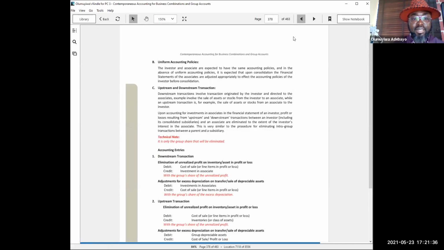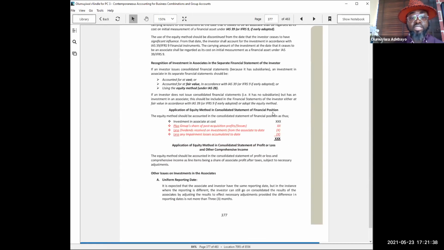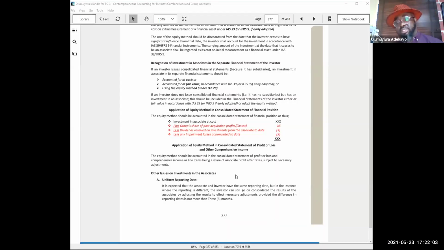Okay, the following are critical adjustments that might come across. The first one is the issue that borders on uniform reporting dates. Similar to what we've discussed in group accounts, the parent or the investor and the associate are expected to have uniform reporting dates, that is, the same reporting dates.